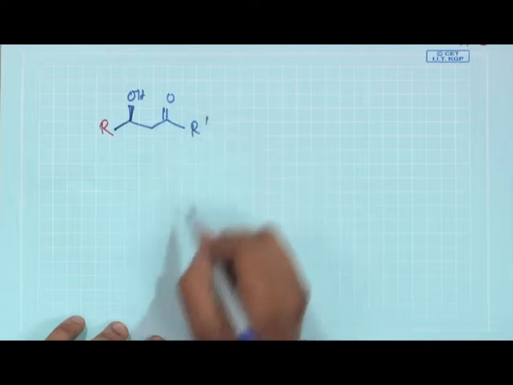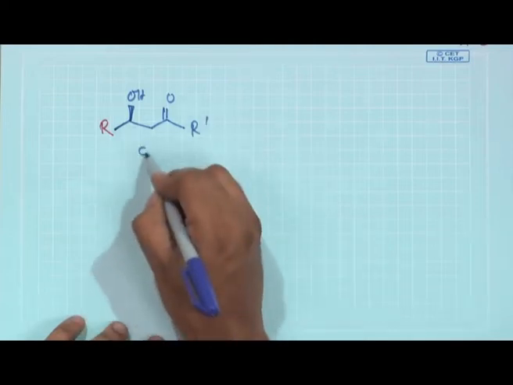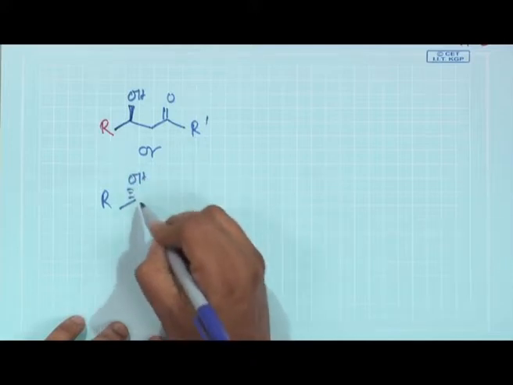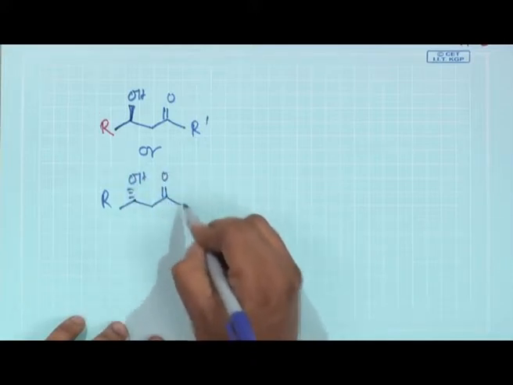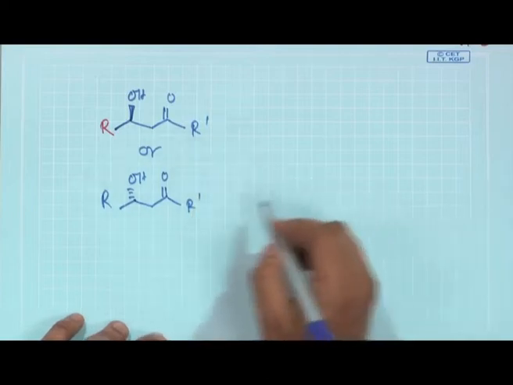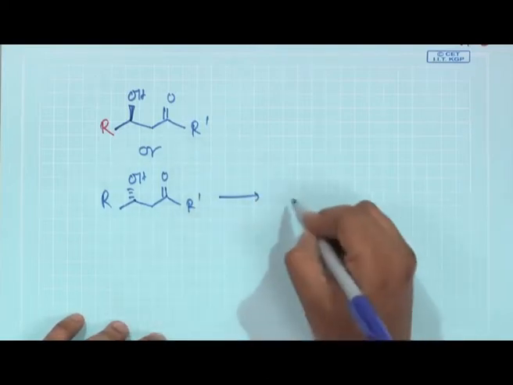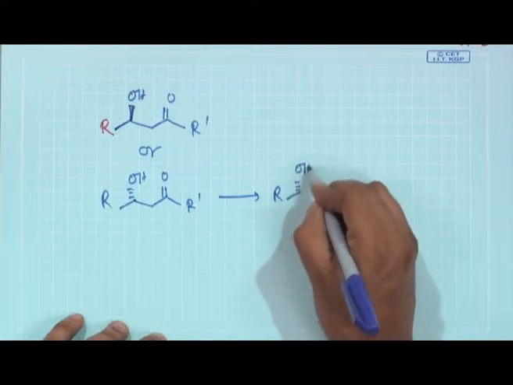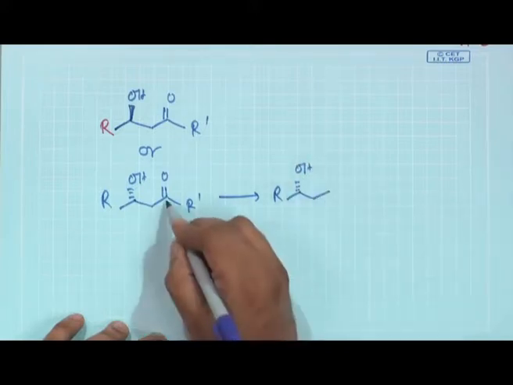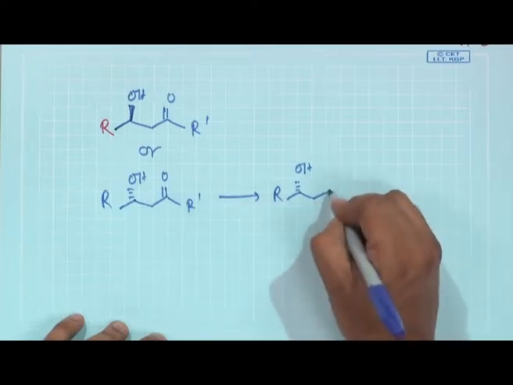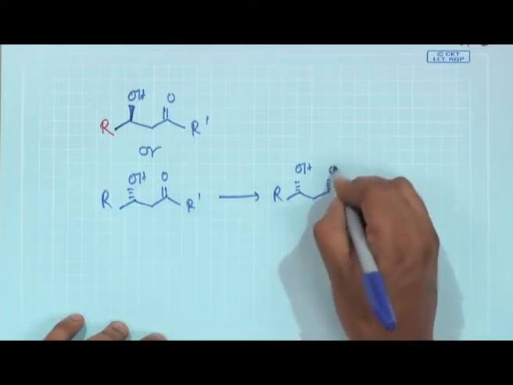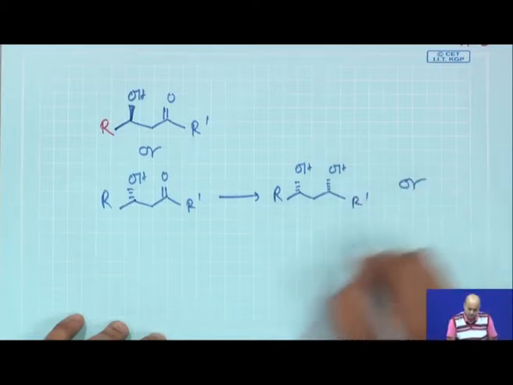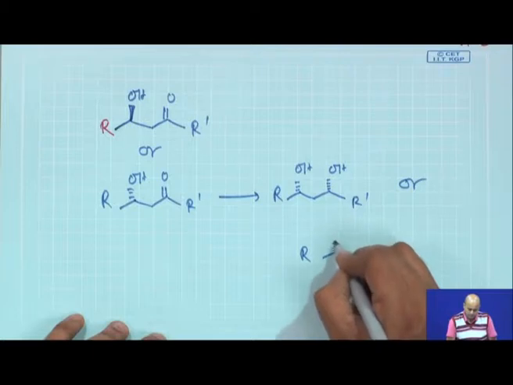I am now saying that okay, I am having this compound or this compound, any of this enantiopure compound. Now, I am asking, is it possible from this compound to prepare a 1,3-dihydroxy compound, either this or this.